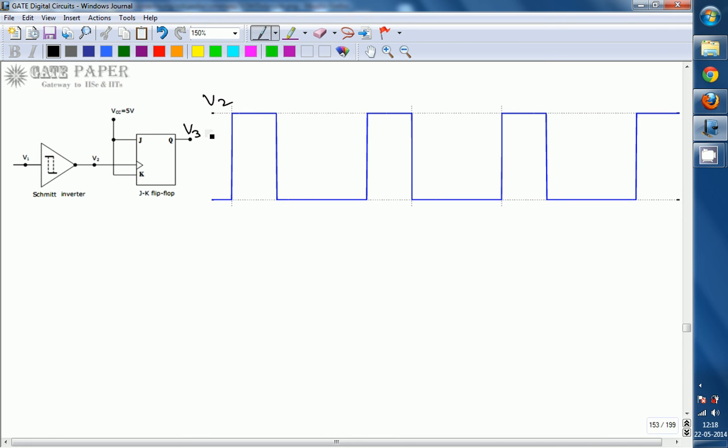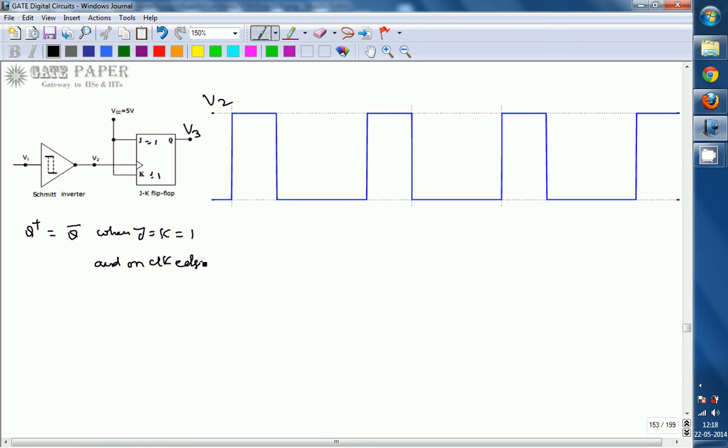V3 is the output of the JK flip flop, and J and K are at ones. So J is equal to 1, K is equal to 1. We know that the next state of a JK flip flop is the complement of the present state when J equals K equals 1 and on the clock edge.